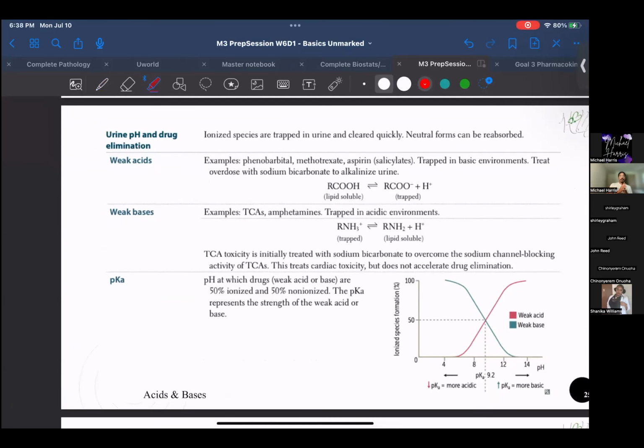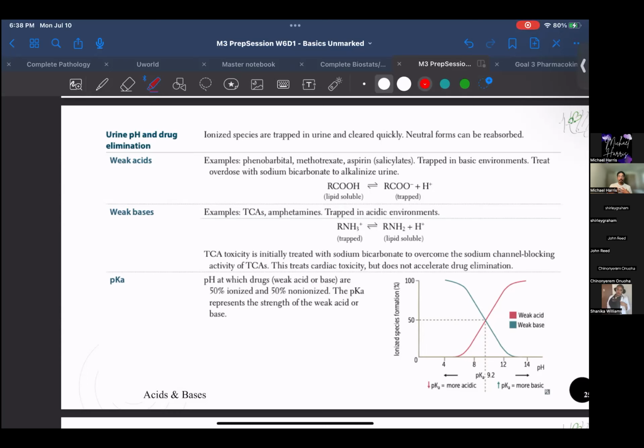This we haven't. The next thing we need to tack on to this is the excretion process with the urinary system and weak bases versus weak acids. We already talked about how the ionized form gets trapped and you pee out the ionized form, while the unionized form gets reabsorbed back into the blood.